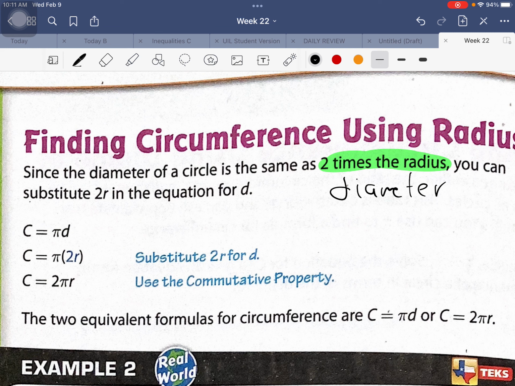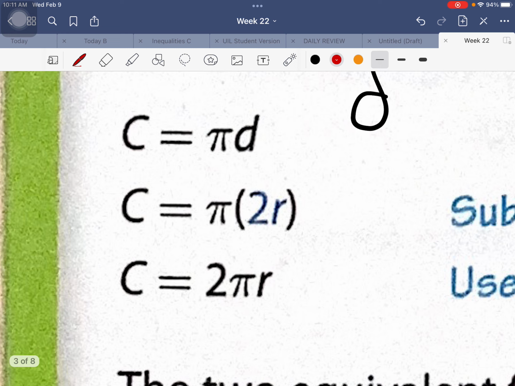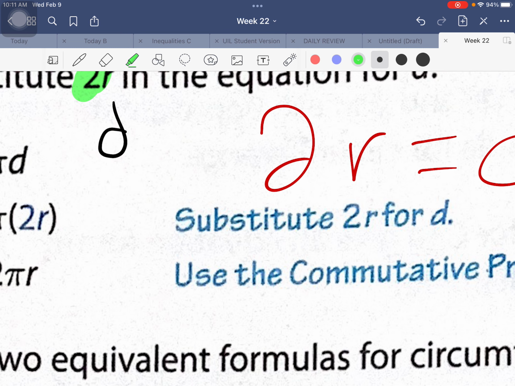So, instead of writing d, we're going to write 2r because 2 times the radius equals diameter. So 2r equals d. That's the same thing. So 2 times r times pi. So we're going to substitute 2r for d.